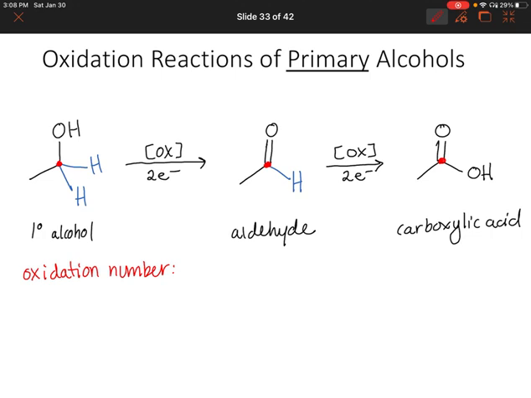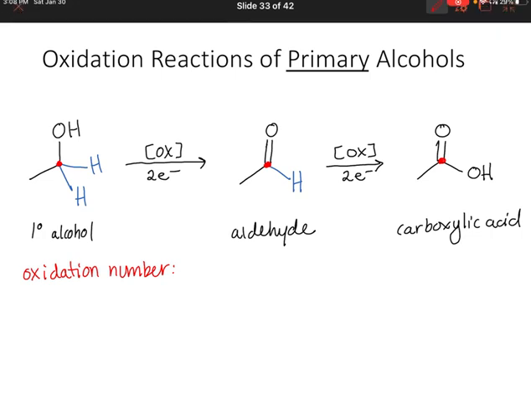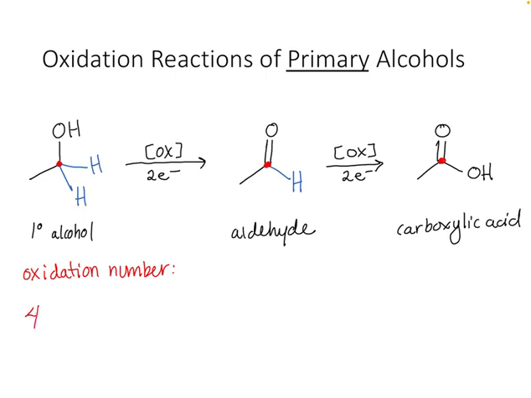All right, so for the primary alcohol, again, we're starting with 4 valence electrons for that central carbon there. And that carbon has ownership over the shared electrons with hydrogen, so that's a total of 4. And then it also shares equally with the methyl group carbon.